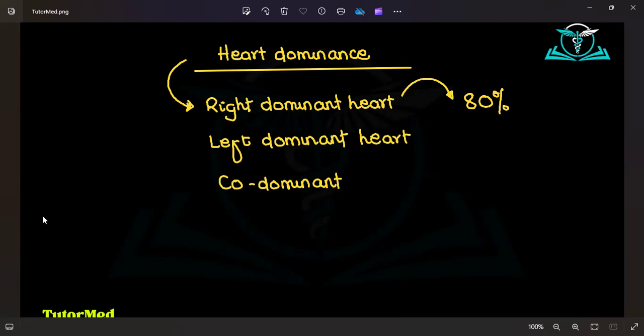Now listen. The dominance of the heart is actually based on cardiac dominance, whether someone's heart is right dominant or left dominant.